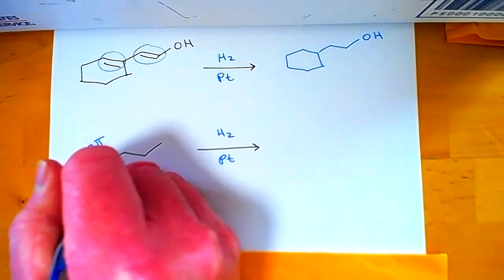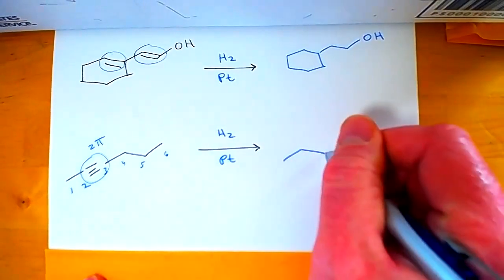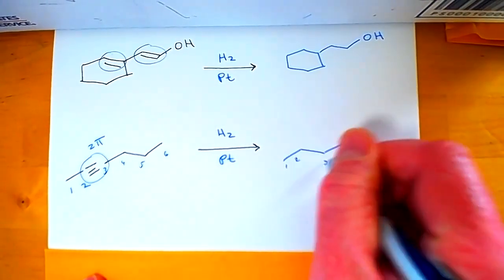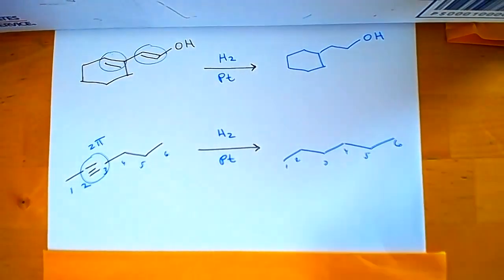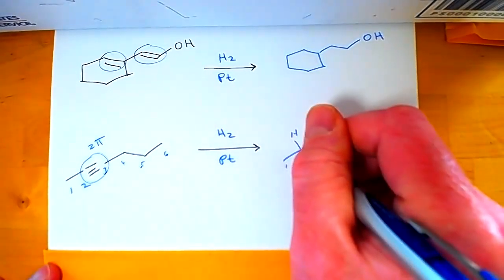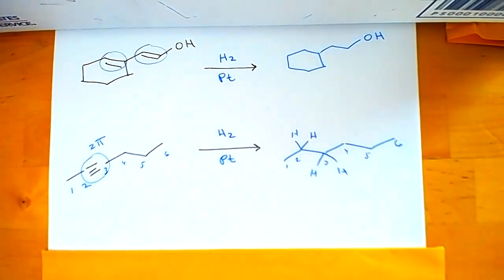So what you want to be careful about is, when you draw out that product, that you make sure that you're not losing any carbons or putting any extras in there. Between 2 and 3 now, you're going to be adding essentially 2 sets of hydrogen atoms, so hydrogen would add in twice.